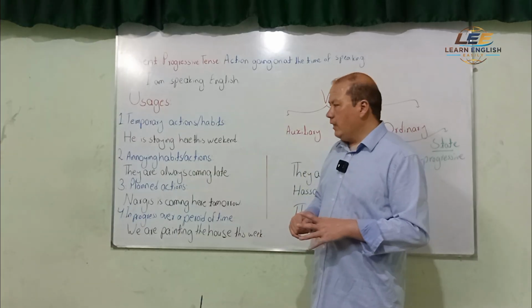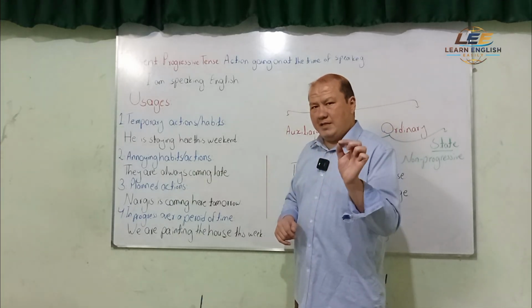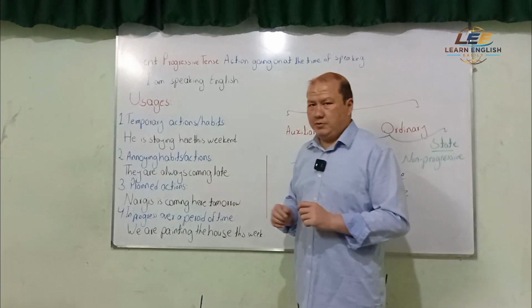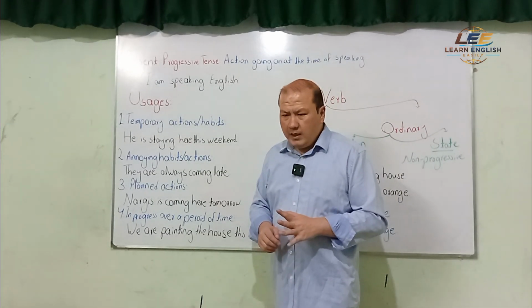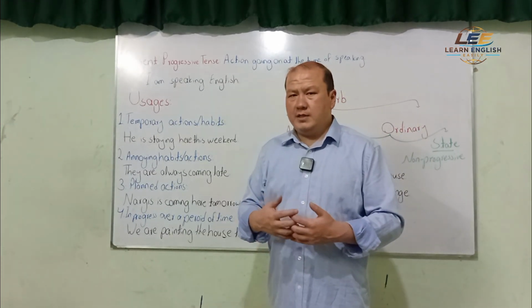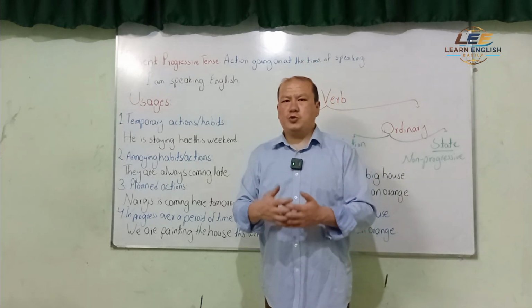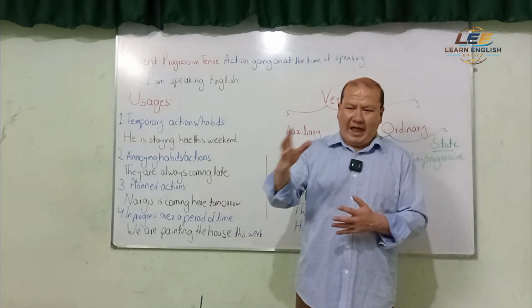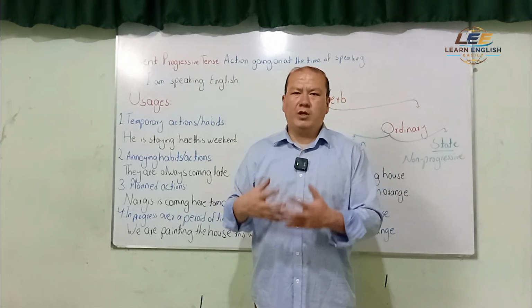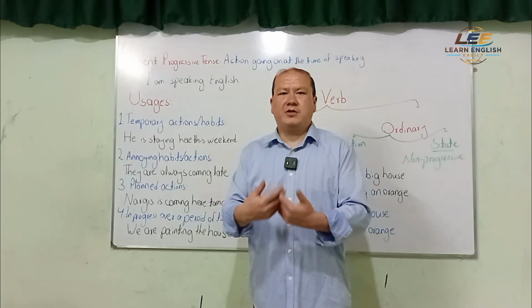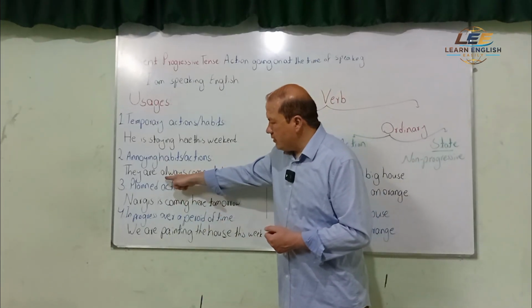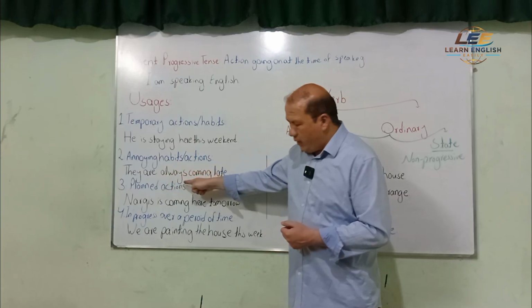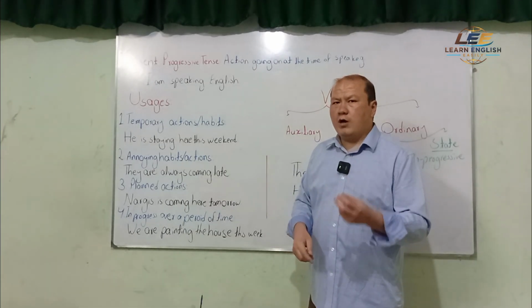Okay. But it has a condition. This usage number 2 has a condition. What is the condition? If you want to use present progressive tense to show that that action is annoying you, to show annoyance, to show disturbance, you must use the word always or constantly.